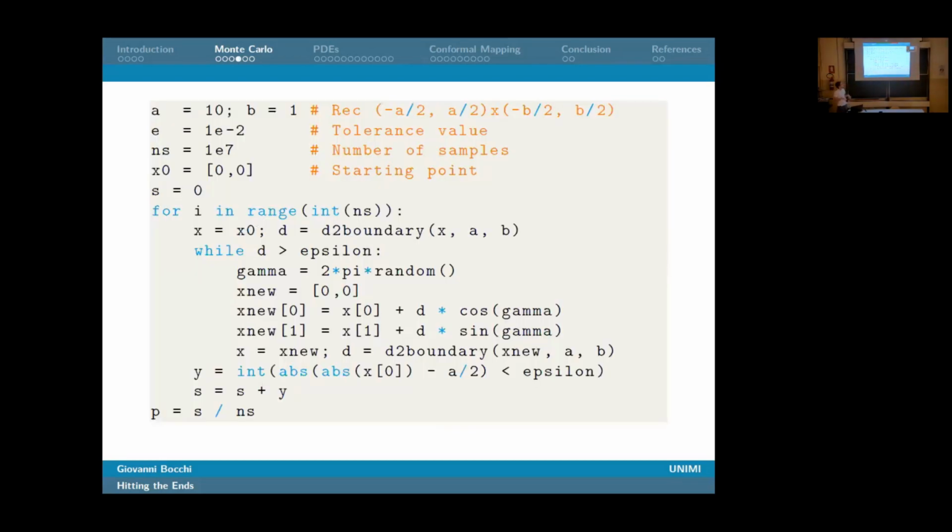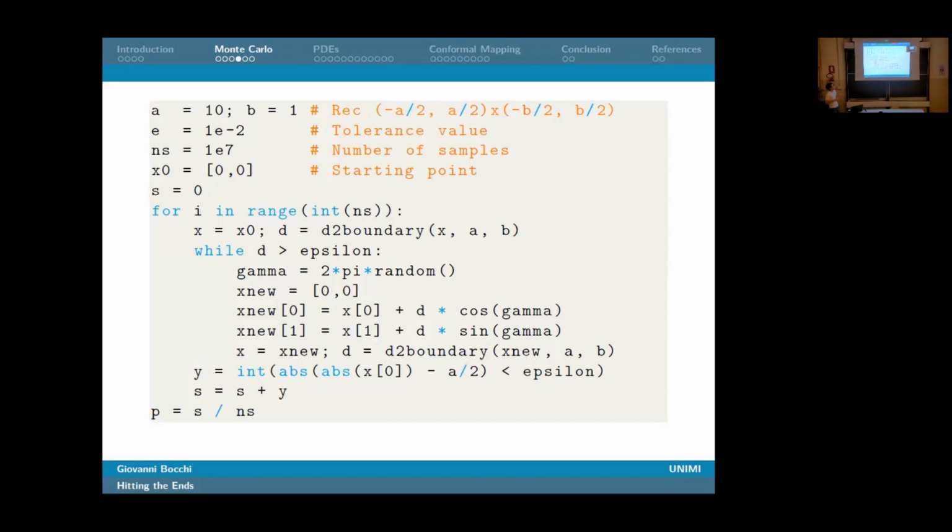Here you have a sketch of the algorithm. This algorithm uses the fact that the Brownian motion is isotropic. So if you consider a sphere centered at the starting point of the Brownian motion, the probability of the Brownian motion going to every point of the sphere is the same, so we have a uniform distribution.